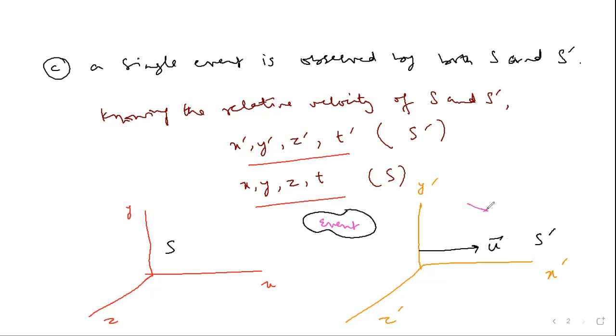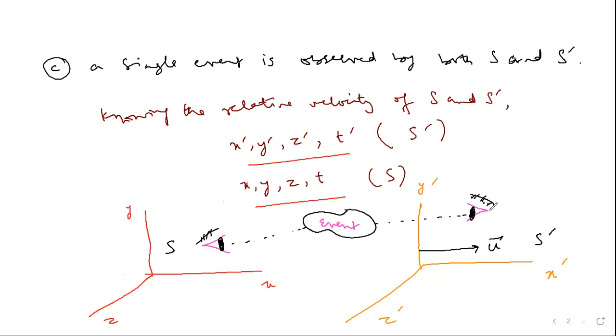We have observer S prime. We have another observer S. So both are looking at this event, right?